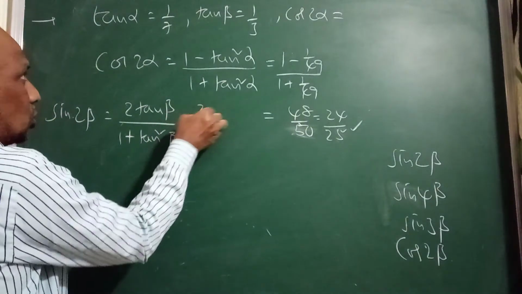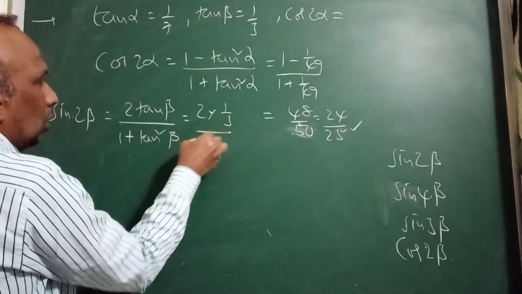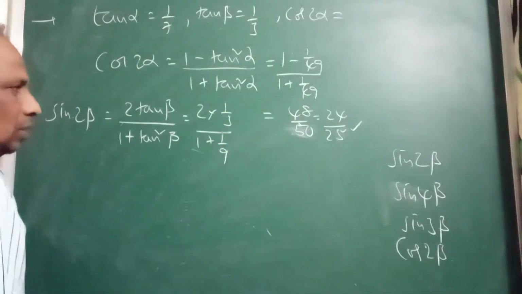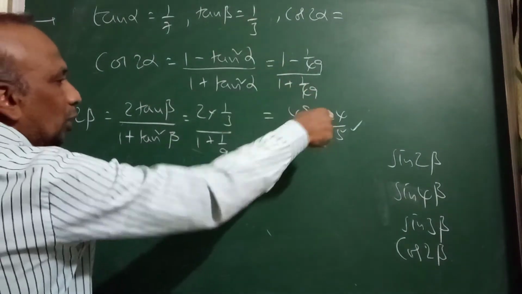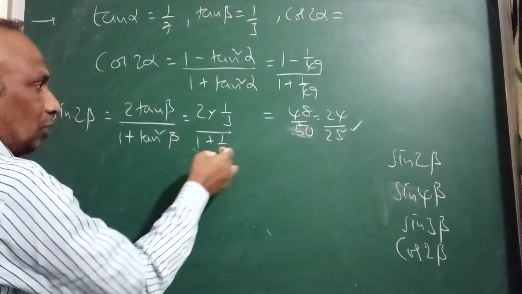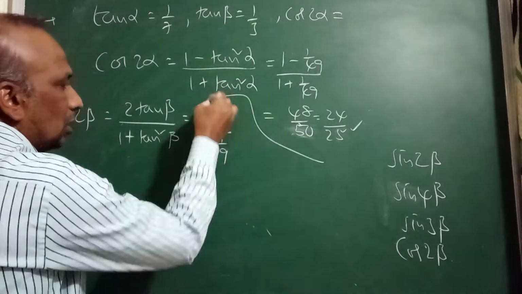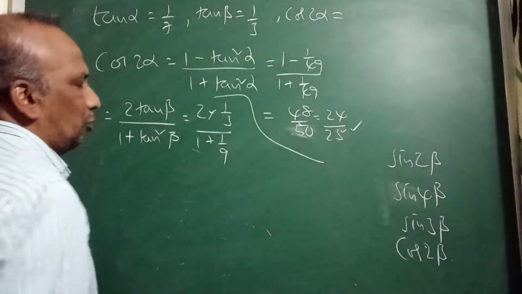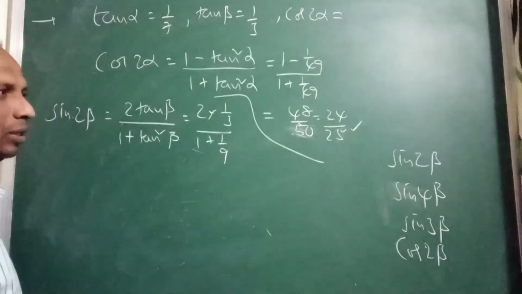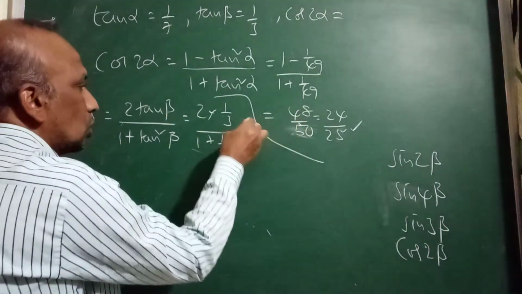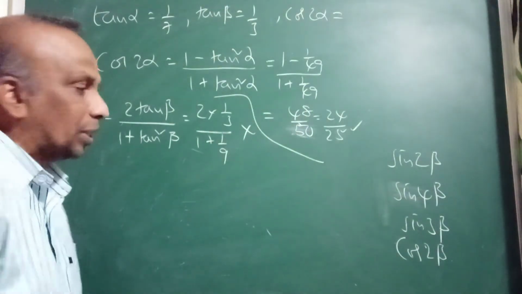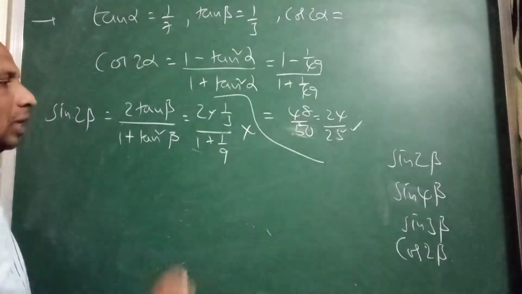If I substitute 2 into 1 by 3, over 1 plus 1 by 9, you can see there is no chance to get 24 by 25 here. You can verify this. This is 2 by 3 over 10 by 9, which does not equal that value. So this is not your answer, because you won't get that value.